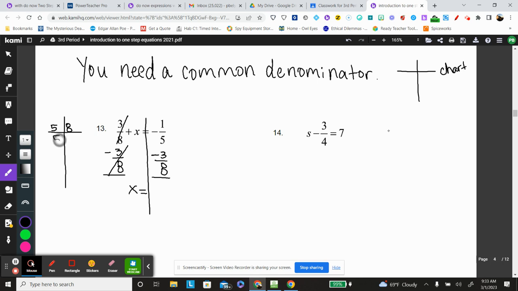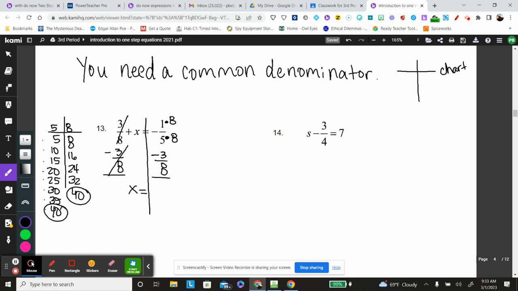So we have 5, 10, 15, 20, 25, 30, 35, and 40. And over here it's just 8, 16, 24, 32, 40, and there you go. What do I multiply 5 by to get 40? 1, 2, 3, 4, 5, 6, 7, 8. That means I have to multiply up here by 8 as well.